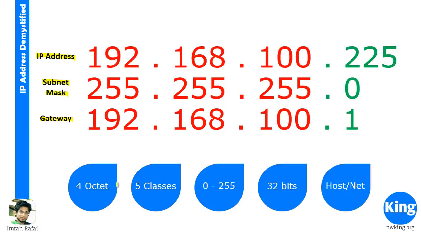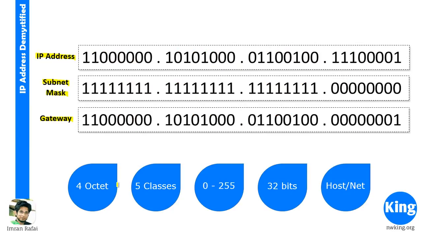Now you might ask, what is an octet? An octet is nothing but a group of 8. So you might ask, a group of 8 what? To understand that, we need to understand what an IP address really is. To a computer and to all the network devices, an IP address is seen like this. This is nothing but the binary representation of the IP address.